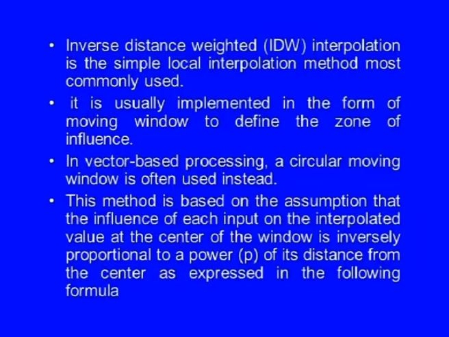In vector based processing, a circular moving window is often used instead. This method is based on the assumption that the influence of each input on the interpolated value at the center of the window is inversely proportional to a power p of its distance from the center, as expressed in the following equation.